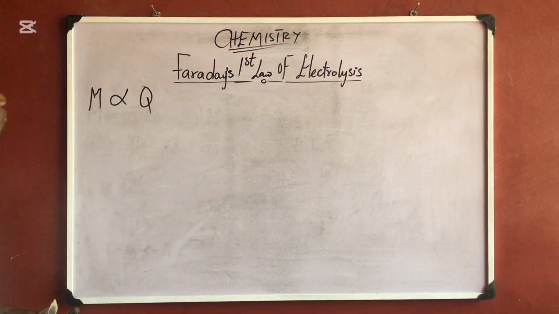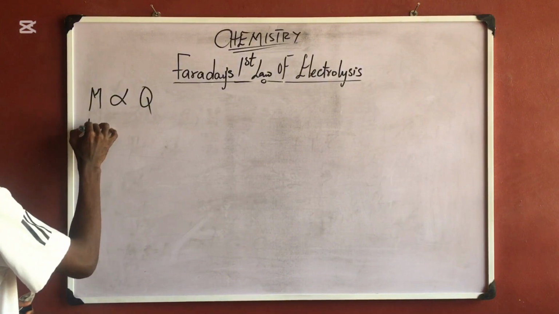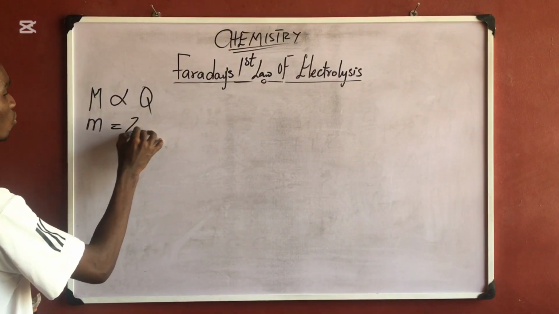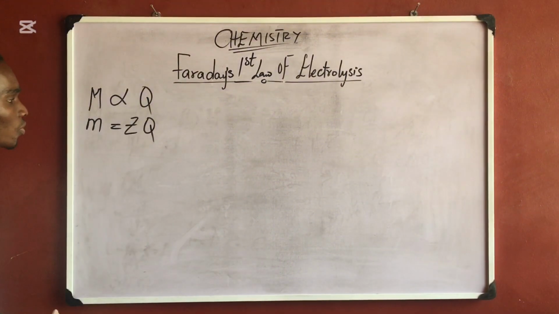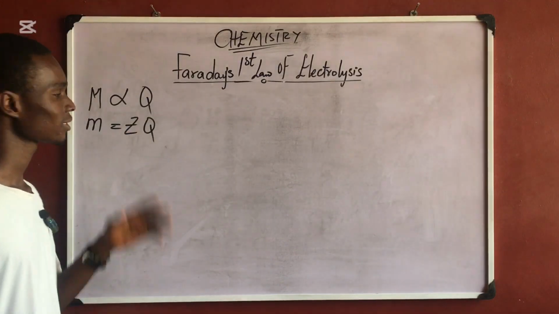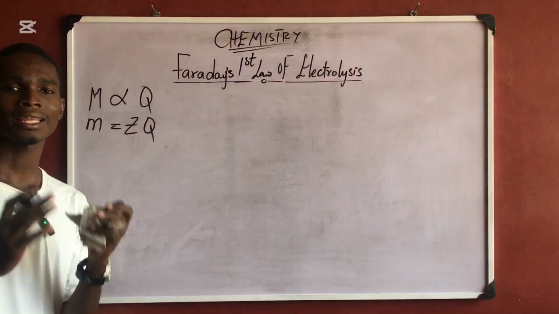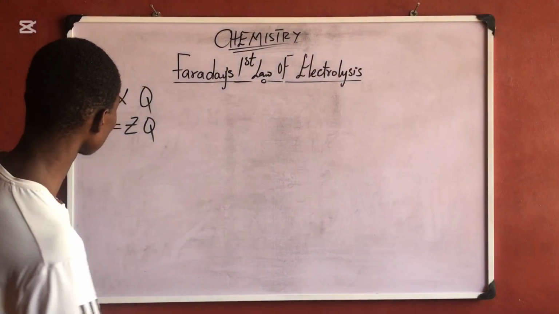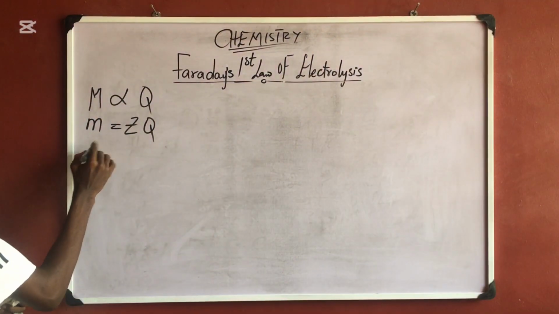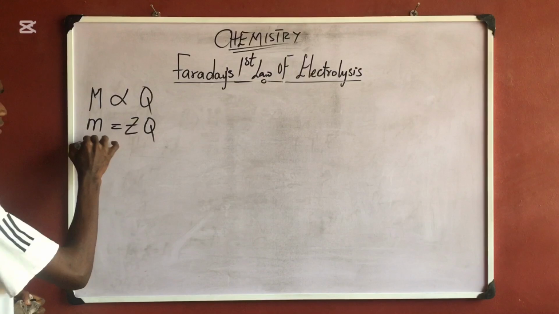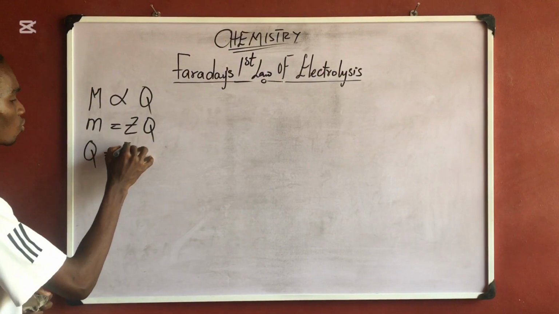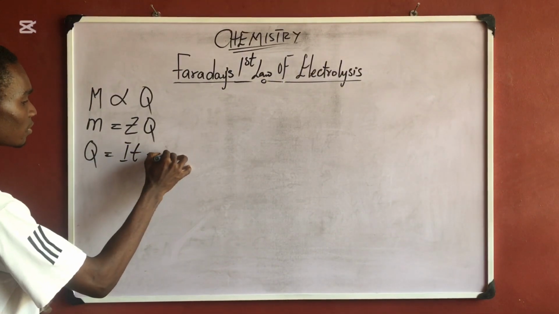Remember that when you change the sign of proportionality to equality, you introduce a constant. This constant here is the electrochemical equivalent, Z. And you could remember that quantity of electricity or charge is equal to current times time.